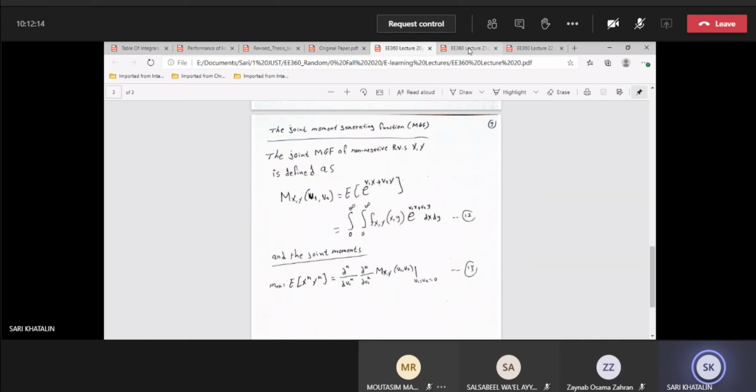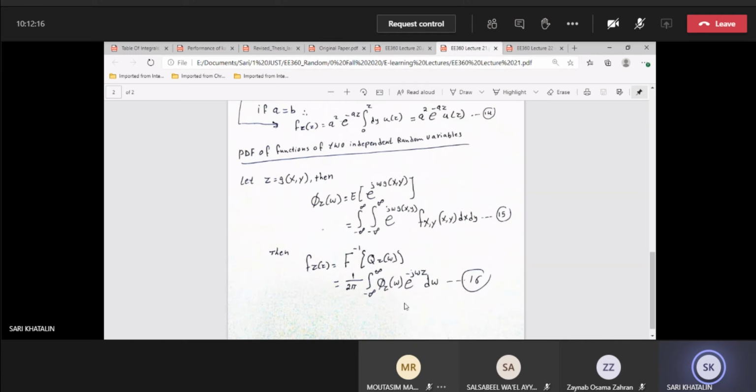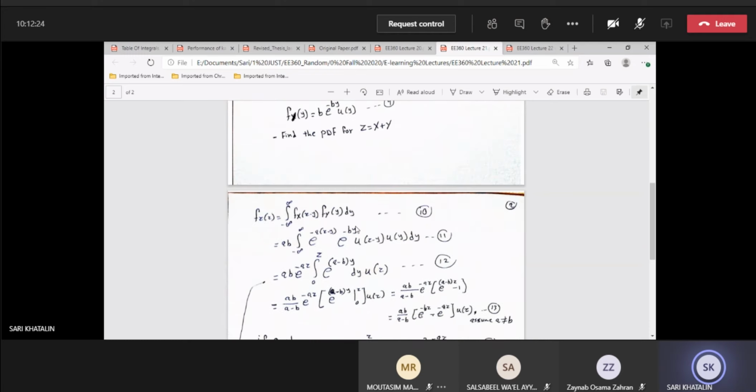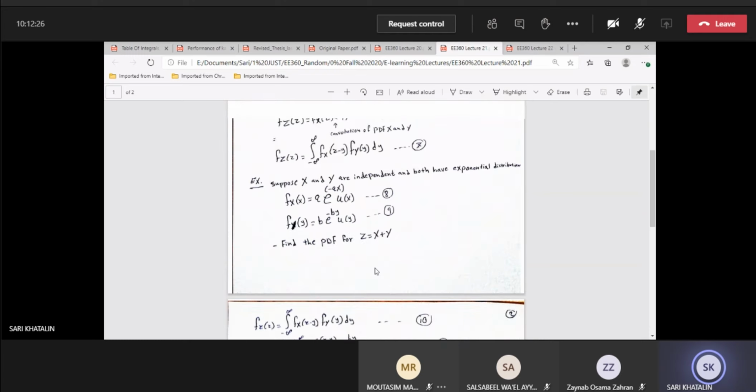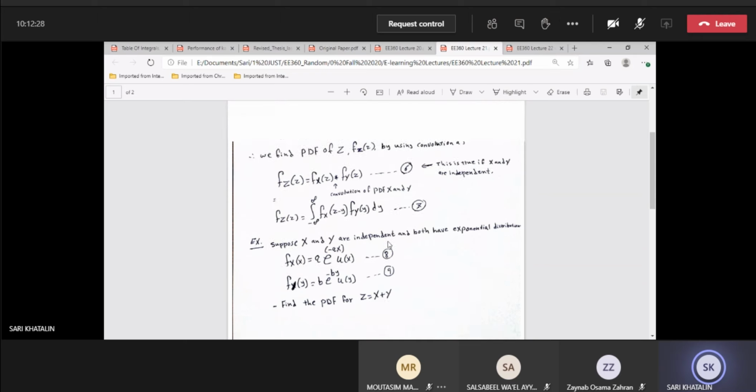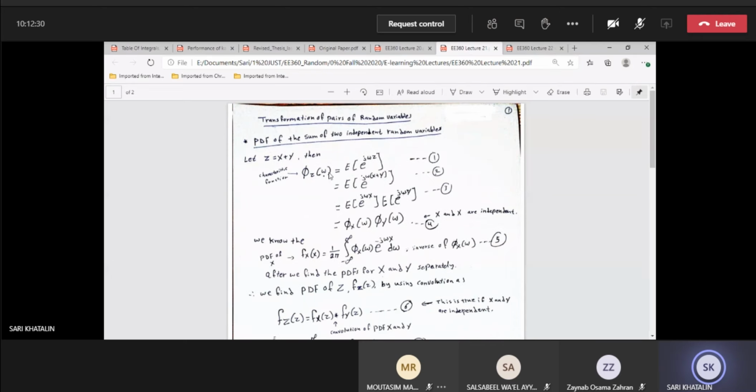And then after that, we just take the inverse. This one is a bit complicated because you have to use some tables, so we're not going to go through it a lot. This is the easiest one here. What I'm saying is that we're just going to focus on the functions where x and y are independent, because they are a lot easier to deal with.